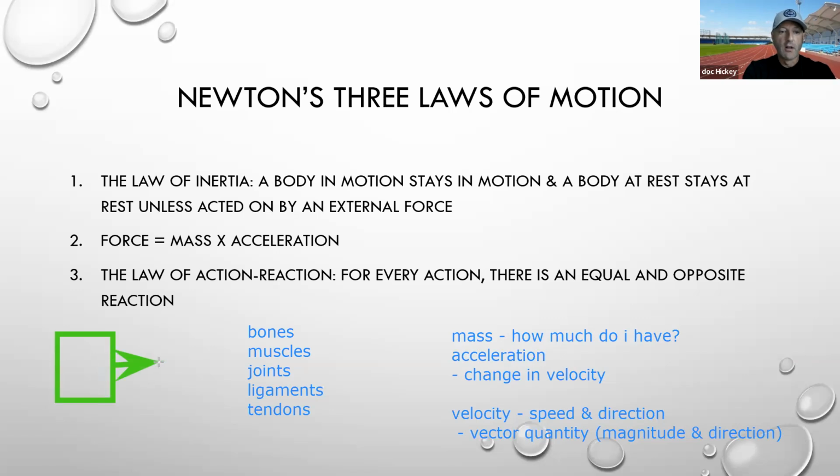So we call this a softball player running down the first base line, and they're running this way. So this is going to be a force. We have a certain amount of mass here, and then we have a certain amount of direction going this way. So this vector is going to be our force vector.